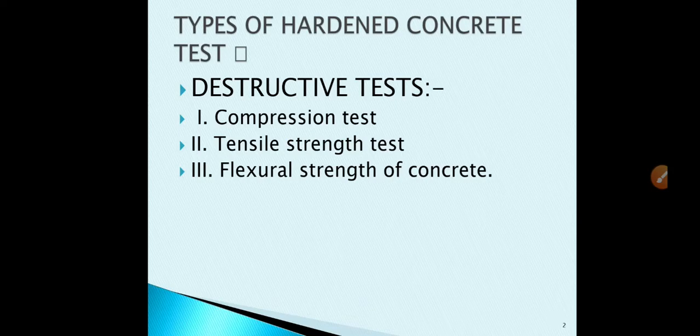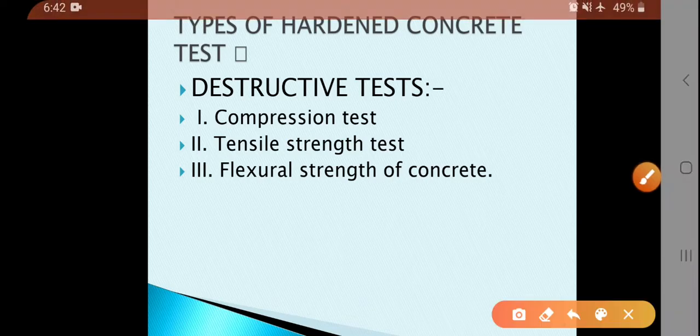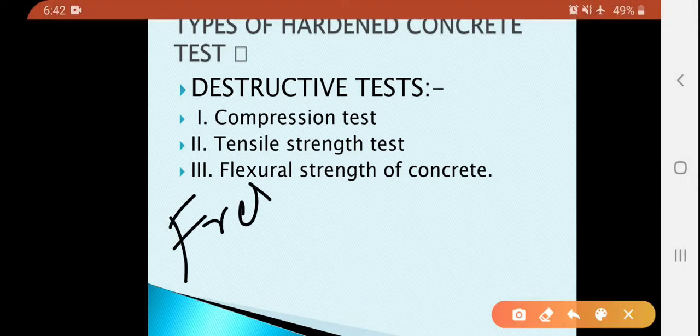First we should know the difference between fresh concrete and hardened concrete. What do you mean by fresh and what do you mean by hardened?